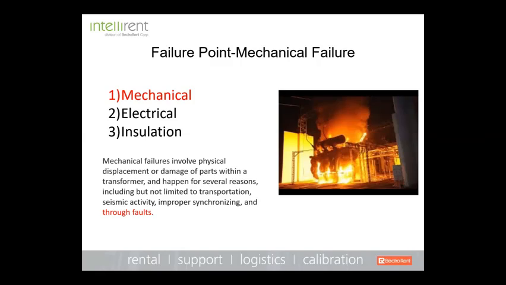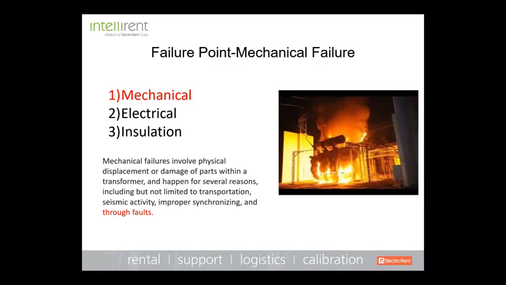And mechanical failures basically are described as the physical displacement or damage of parts within a transformer. And this can happen for several reasons, including but not limited to transportation, which is why whenever you purchase a new transformer and before it leaves the factory, you want to get a benchmark on an SFRA and then compare that once it's ready to be commissioned as your footprint.